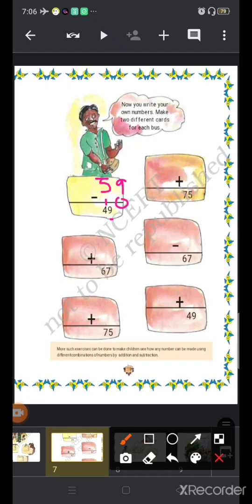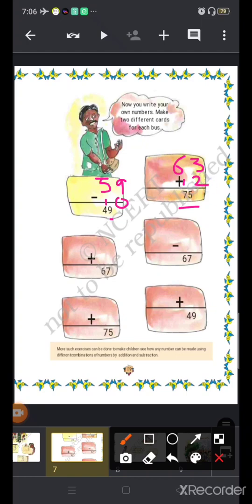Okay. Now in the second number, what is given? 75. So what two numbers can we write to make 75? We can write any two numbers. Like I'm writing, first one is 63 and second one is 12.